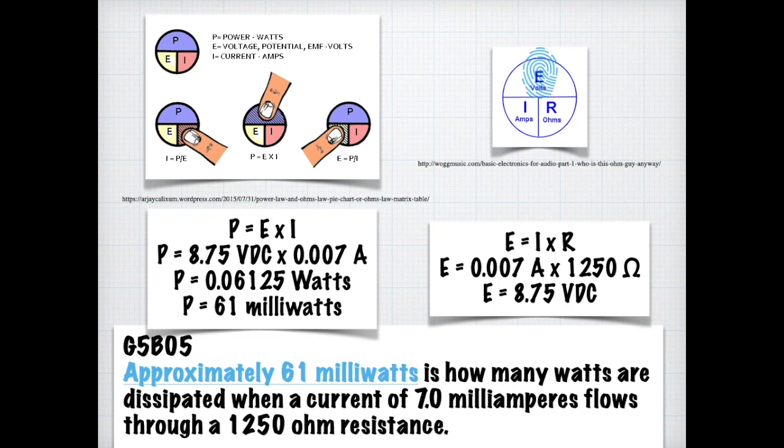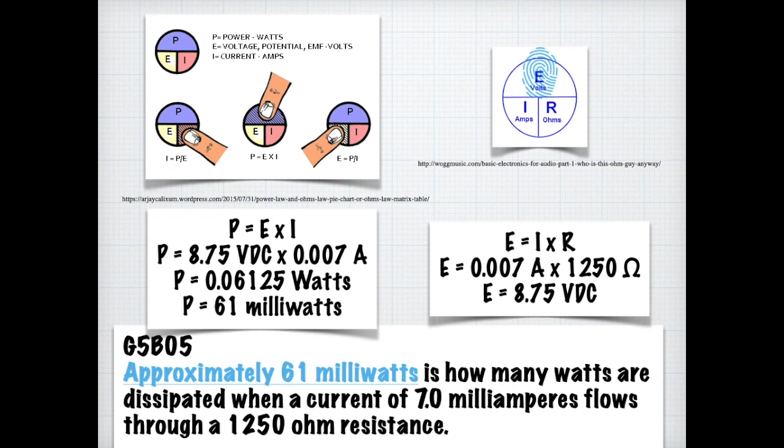So we can take 8.75 volts DC and multiply it by our 0.007 amps, and we end up with 0.06125 watts, which is 61 milliwatts.